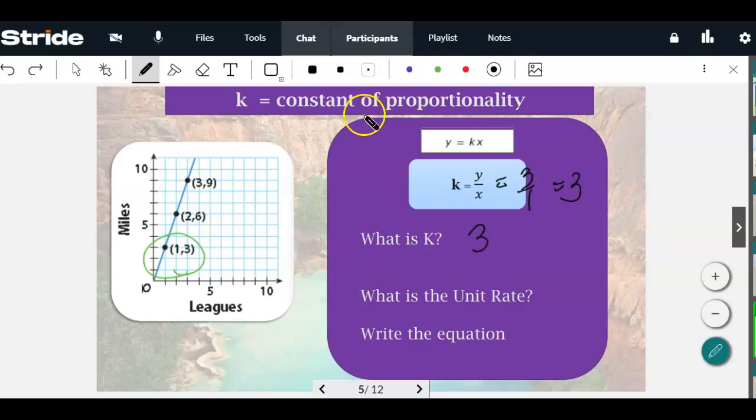What is unit rate? The unit rate is based on 1. So when x is 1, y is 3. So the unit rate is also 3. So it's the same if it's proportional. And so putting it all together, we're going to use this equation, put in our k, and you use x. So the equation is y equals 3x.